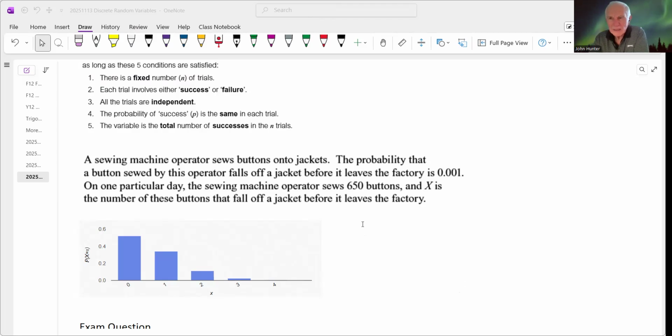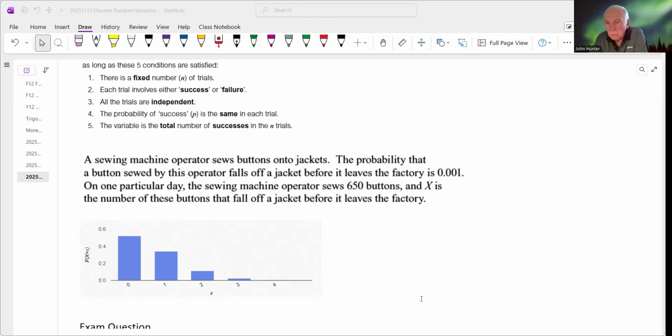Now, the probability of all 650 buttons falling off is extremely small, as you can see from this probability here. So let's just have a look at the first few. So I'm going to do 0, 1, 2, 3, 4. Okay. The number on the left there is just a row number.